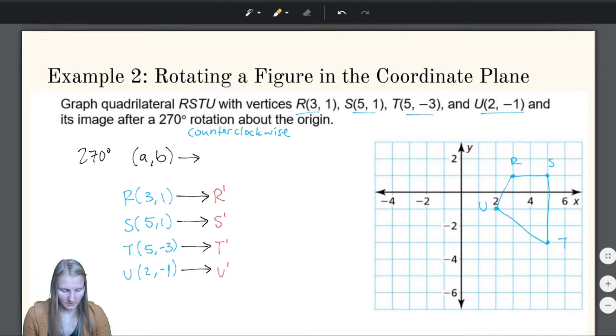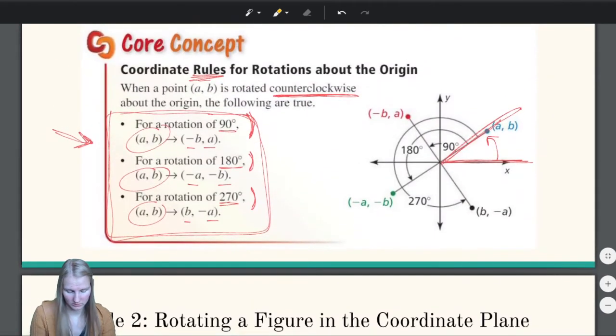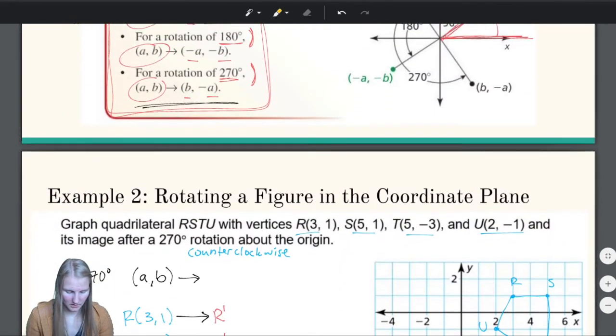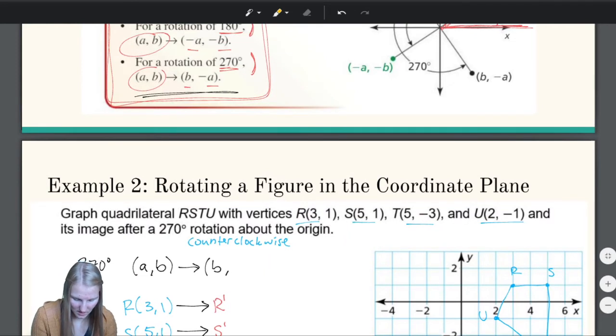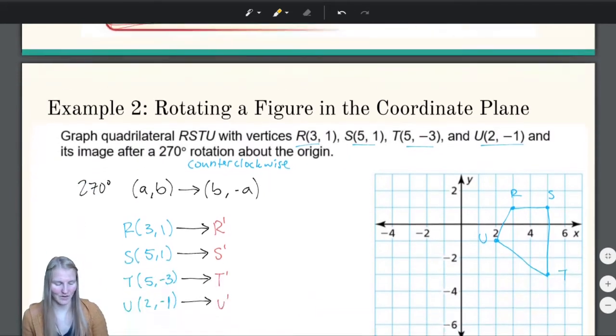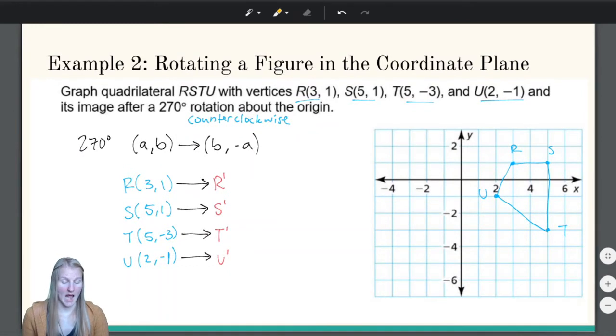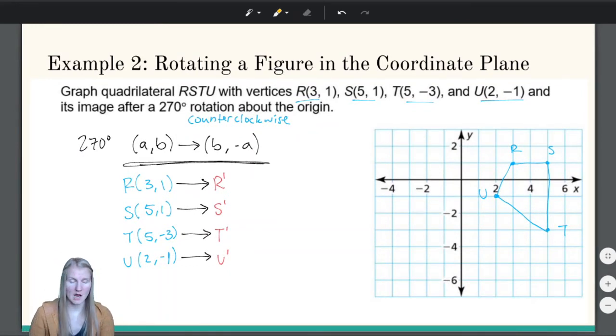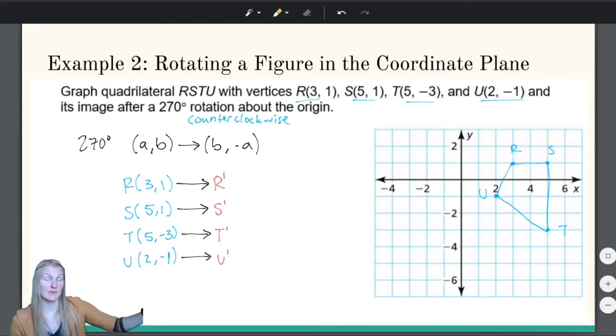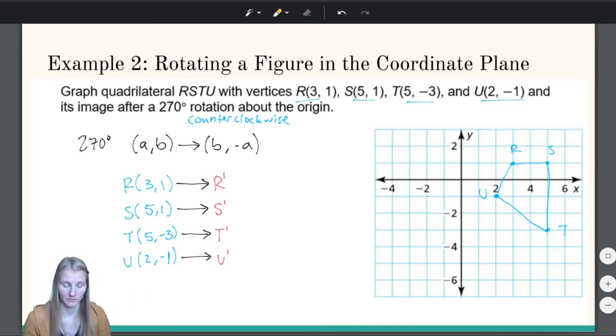Now, we can go back up here and look. (A, B) means I take (B, -A). Now, for your tests, I might give you this. I might make you memorize it. I might make you remember it. It depends on your teacher, right? So, try to remember these if you can. Maybe you'll get them on your tests. Maybe you won't. I don't know.